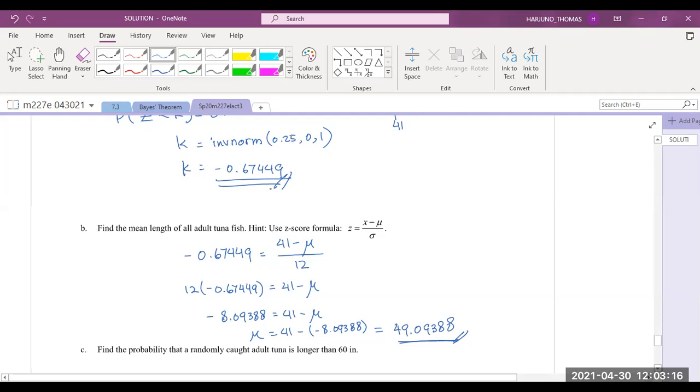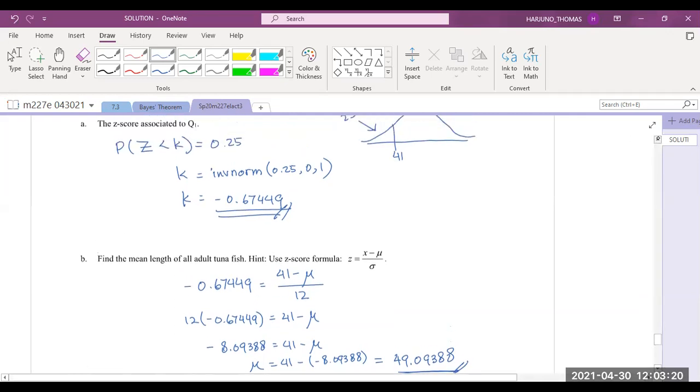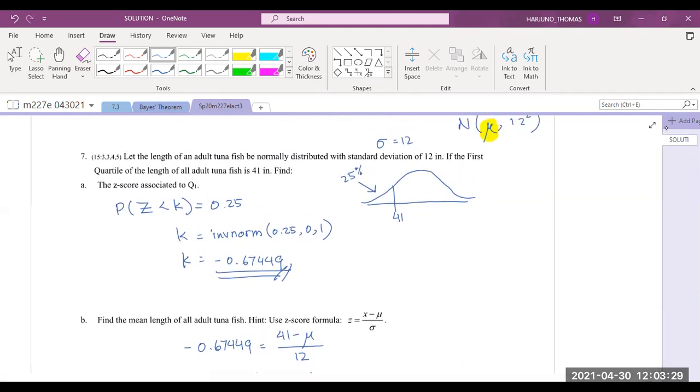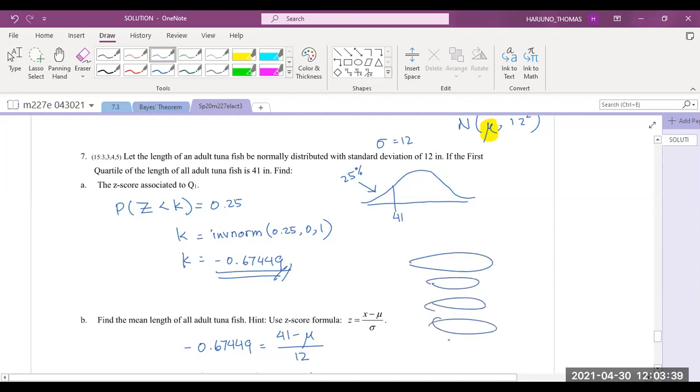So this is the technique we use to find out the average height, or in this case, the average length, without measuring one by one. Imagine if you have a lot of tuna, and you just use one stick.